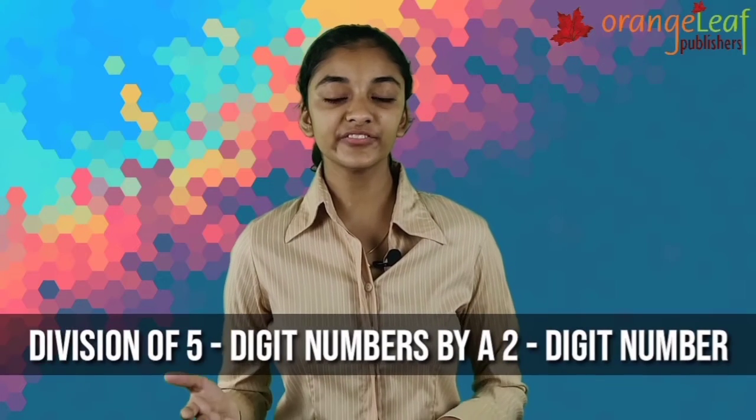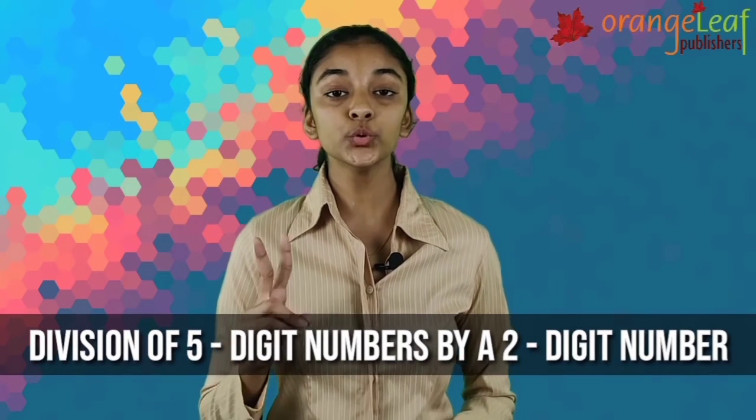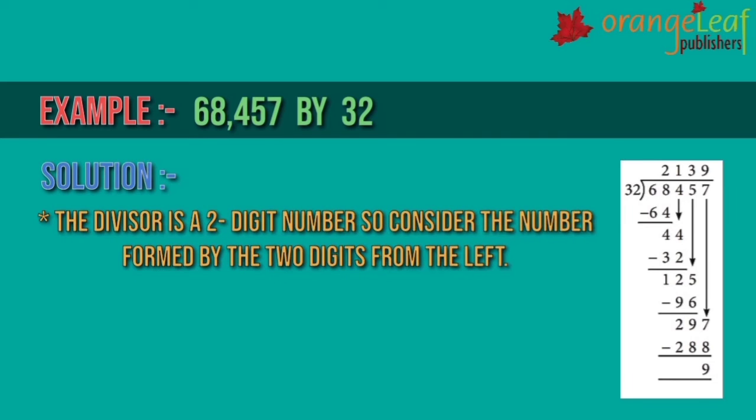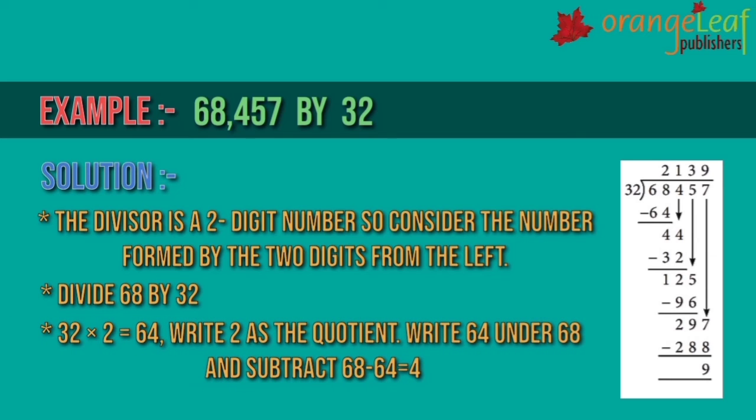Division of 5-digit numbers by a 2-digit number. Let us take an example. 68,457 divided by 32. Solution. The divisor is a 2-digit number, so consider the number formed by the 2 digits from the left. Divide 68 by 32. 32 into 2 is equal to 64.